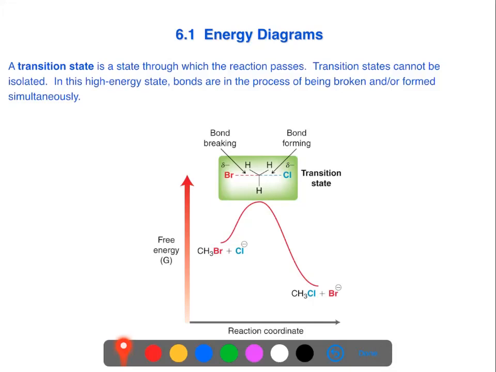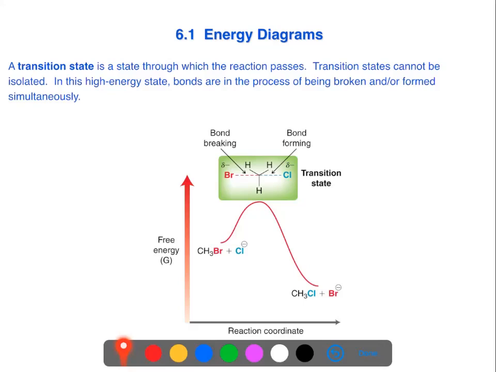So you can see in this example, this is a substitution reaction where we have this methyl bromide. And at the end of the day, in the product state, we're going to substitute this bromine atom for a chlorine atom. So you can see that the final product is this methyl chloride, or chloromethane.